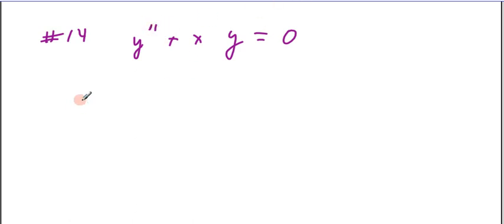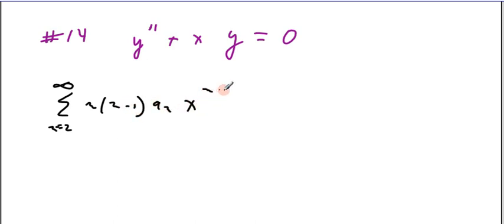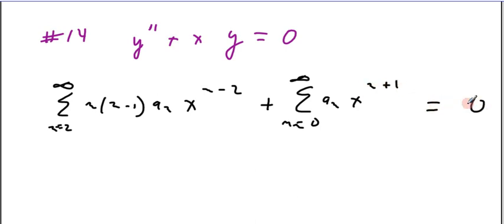And I'm happy that the problem's a short problem, so I've got the summation n equals 2 to infinity of n times n minus 1 a_n x to the n minus 2, plus the summation n equals 0 to infinity of a_n x to the n plus 1 is equal to 0.